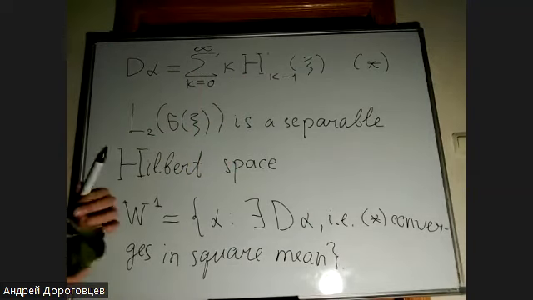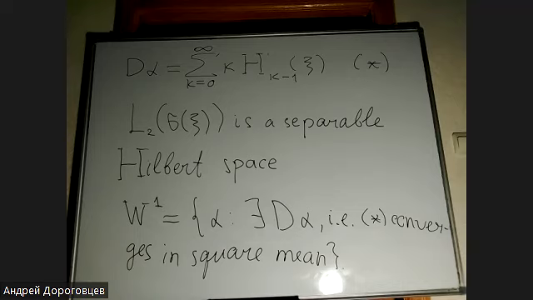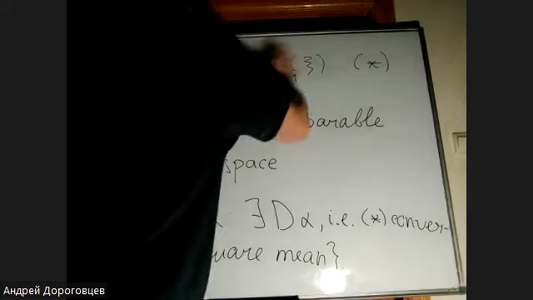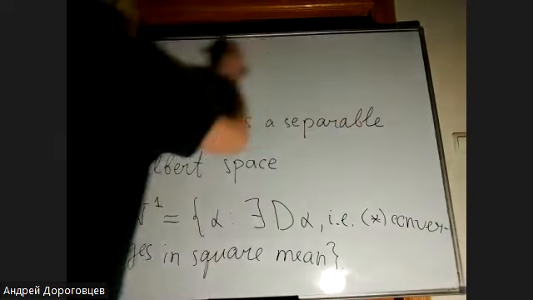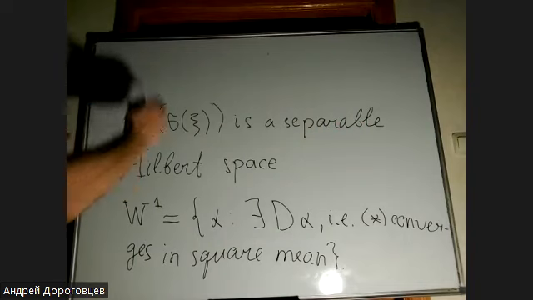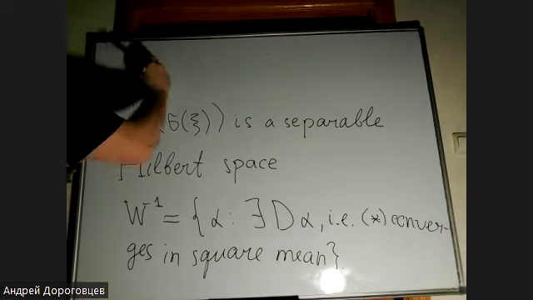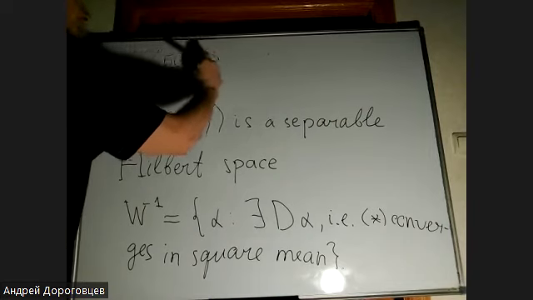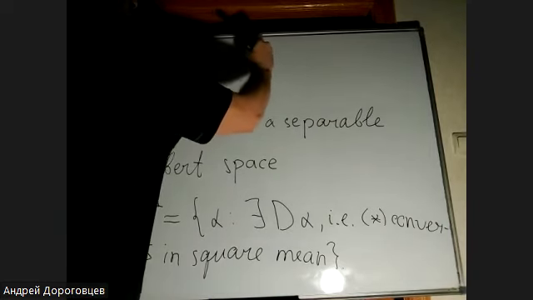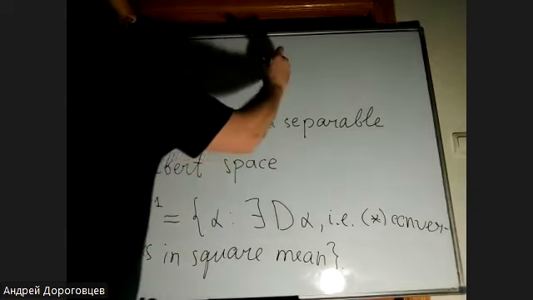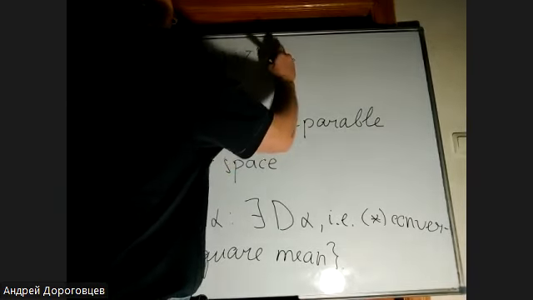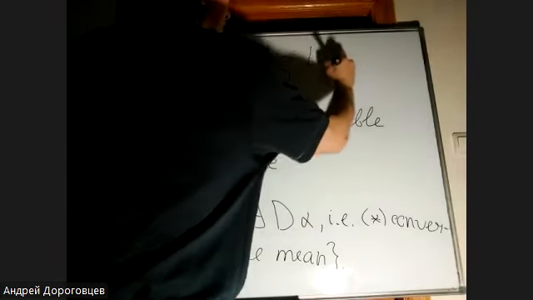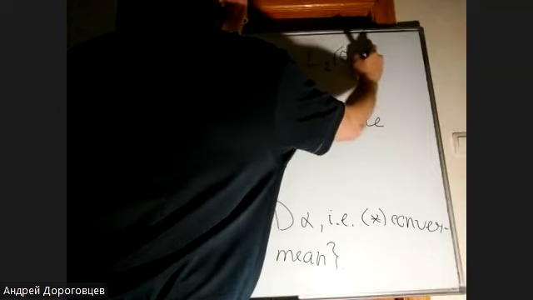Then I can consider the following construction. I have this Hilbert space L2(Σ, ψ). I have a subset W1, and I have operator D, which maps x to σx.